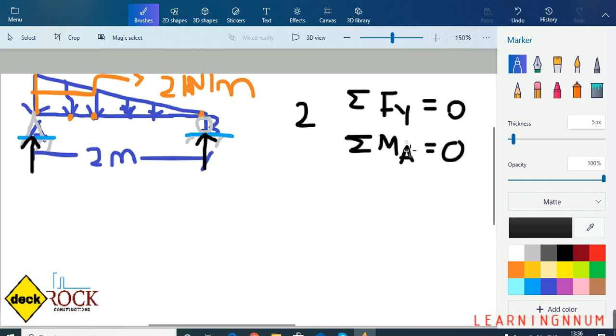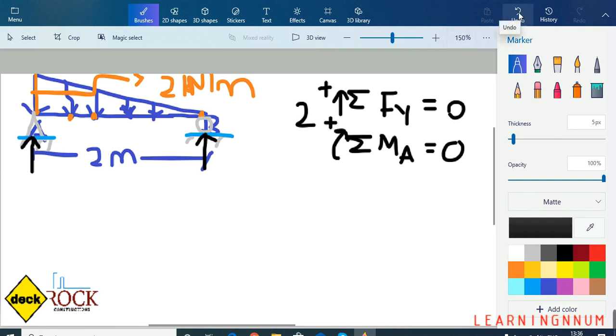Suppose moments about A, or anything. The sign convention: vertically upward positive, and for moments, clockwise positive. These are just equilibrium equation sign conventions, not the bending moment or shear force sign convention.